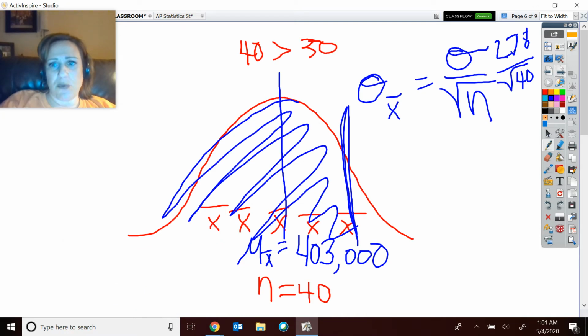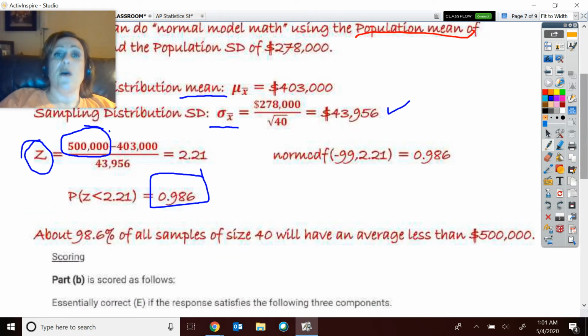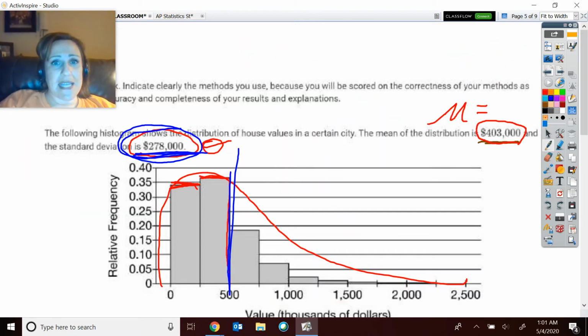So interesting, 98.6%. Now, the catch here is that, let's keep in mind, population versus sampling distribution. This says 71% of all homes have sold for 500,000 or less. Individual pieces of data, individual homes.